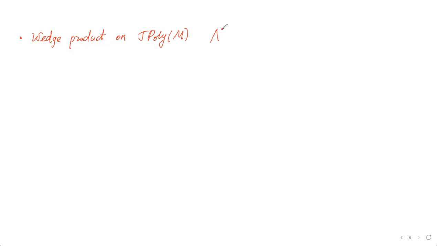If you have lambda q of TM and lambda p of TM, of course you can define the wedge product with values in lambda p plus q of TM. So now we have the same wedge product on polyvector fields.